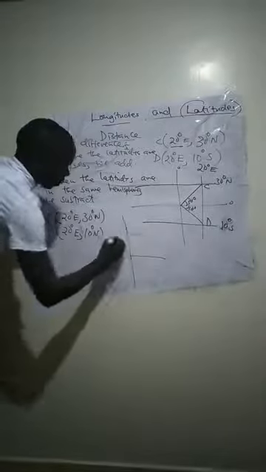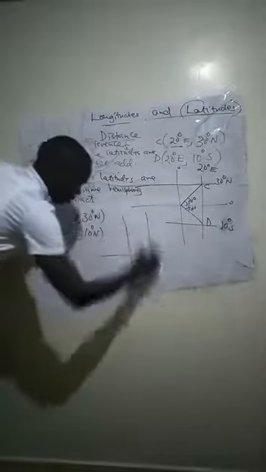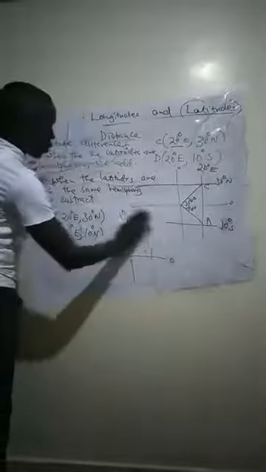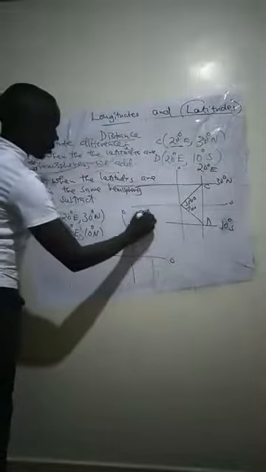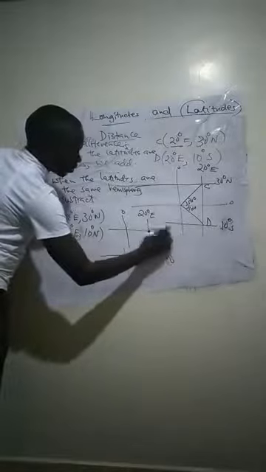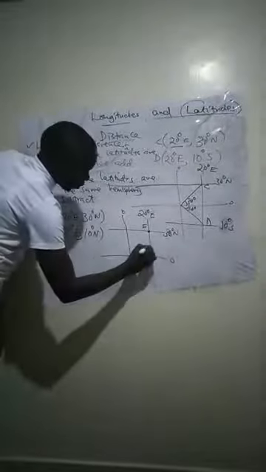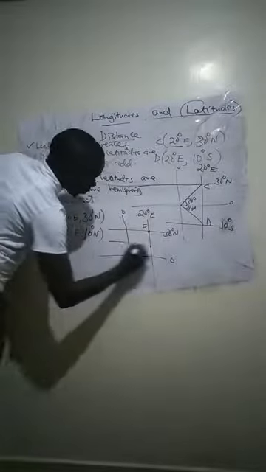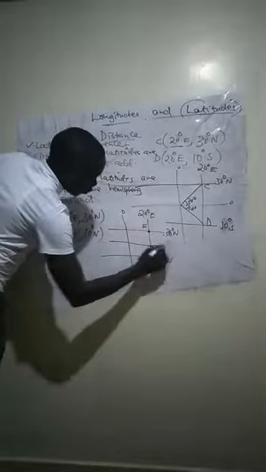We can draw again. You have the prime meridian here, 0 degrees. This is the longitude, which is 20 degrees east. The latitude for the first town, E, is 30 degrees north. That is town E. Then town F here is 10 degrees north.